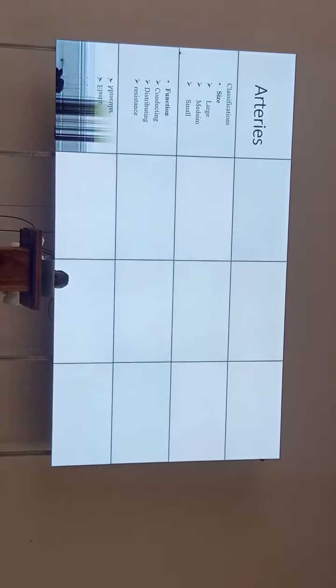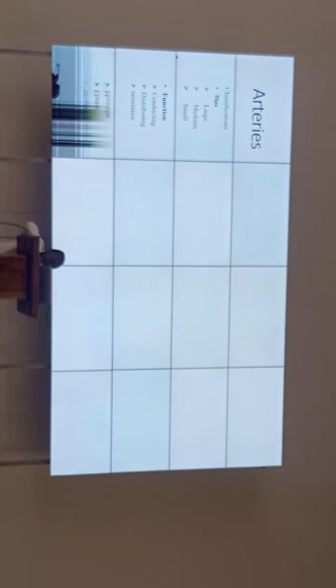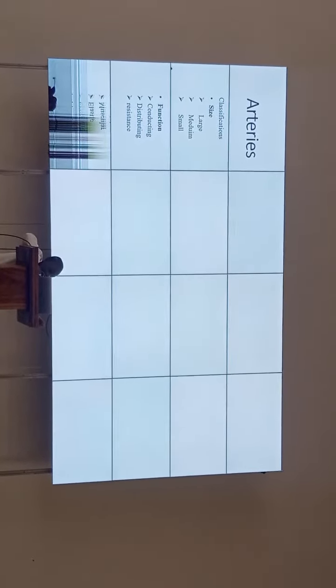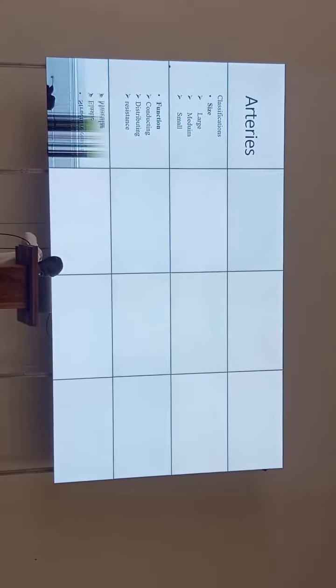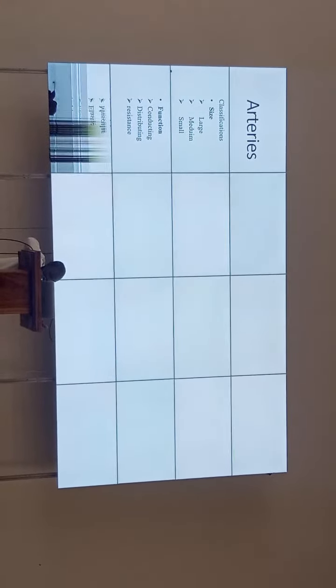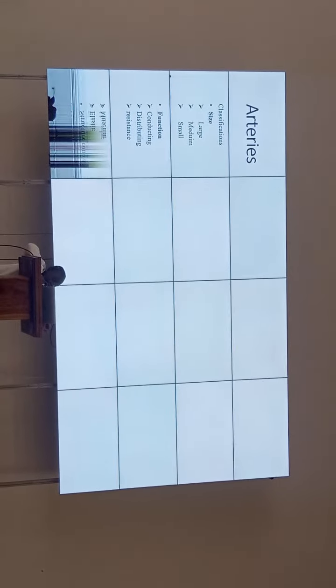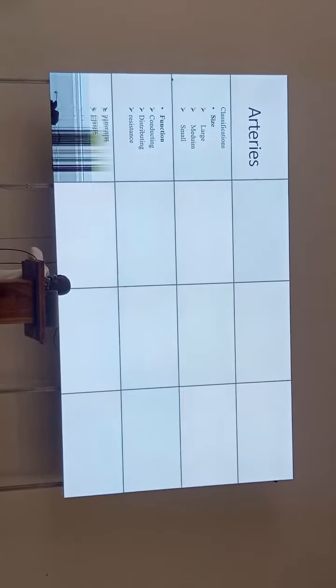Now, what was I talking about? Yes. Function. So we are classifying arteries based on function. Here, we classify them as conducting arteries, distributing arteries, and resistance arteries. In actual sense, the conducting arteries are the large arteries.